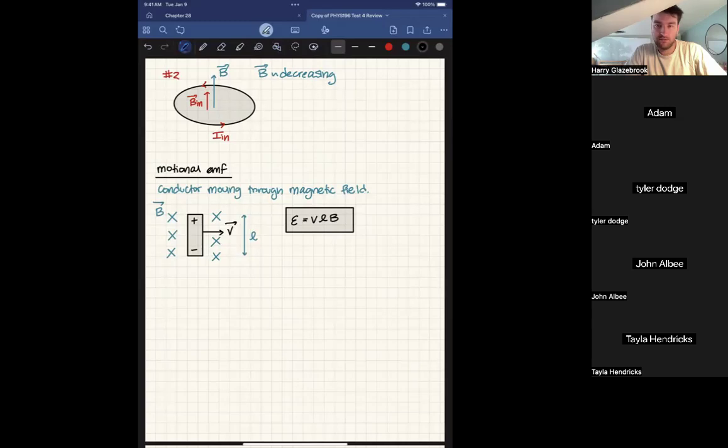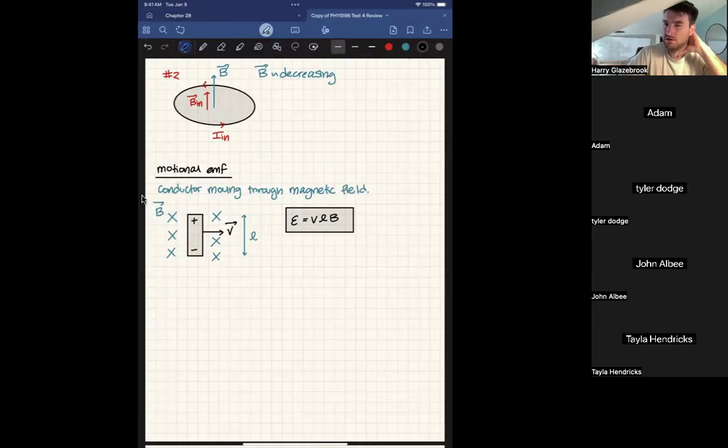The last little bits of this chapter are just small things. I do have a question for you guys, because I don't know how much you went into inductors. Did you have RL or RC circuits on your homework or in class at all?